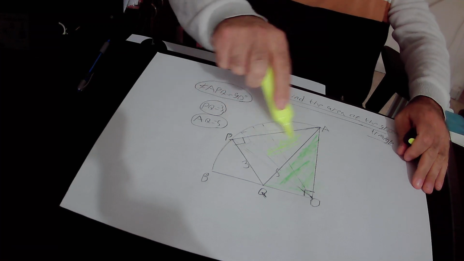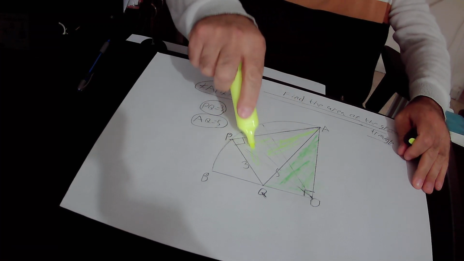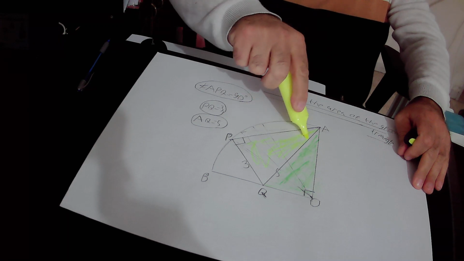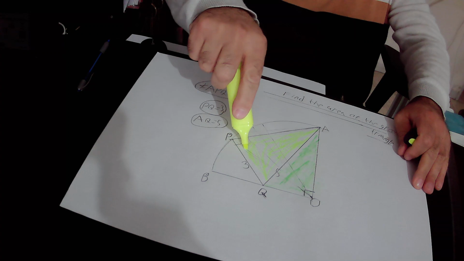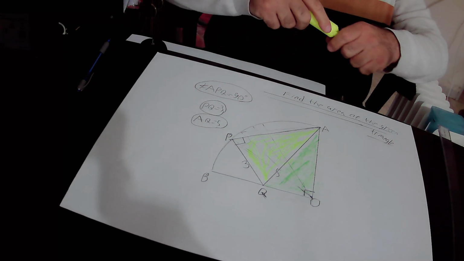Again, we'll focus on the right yellow triangle APQ, and we'll implement the Pythagoras theorem on this right yellow triangle APQ.